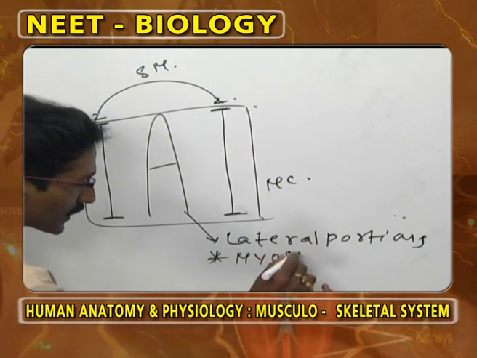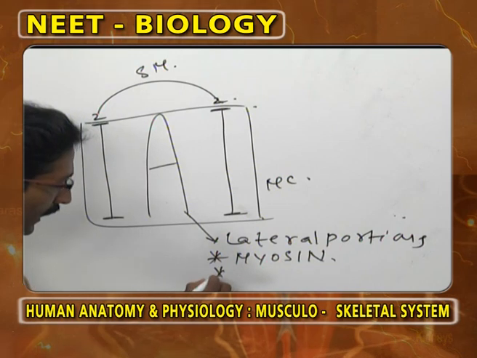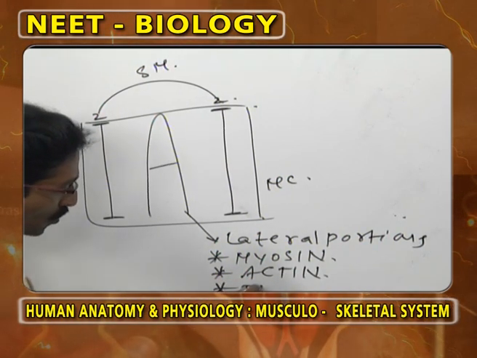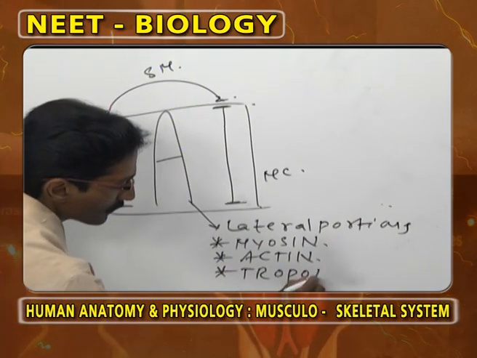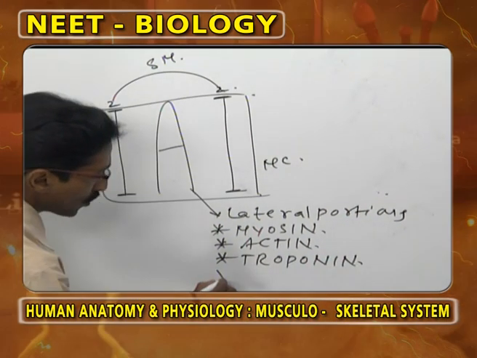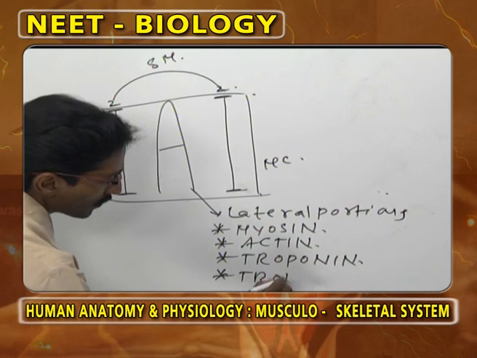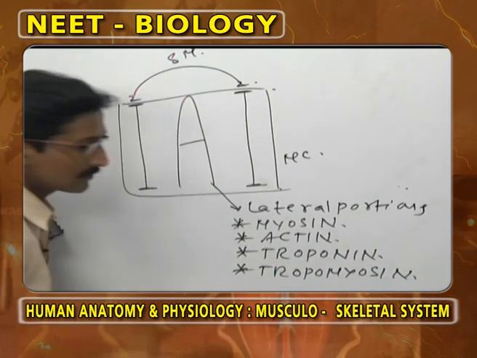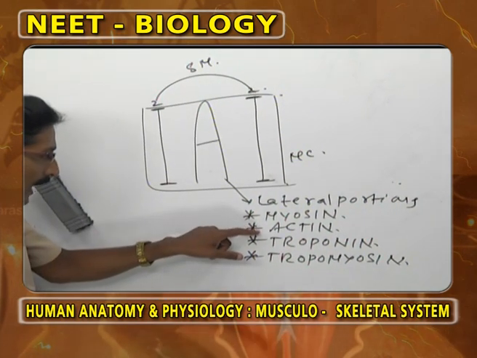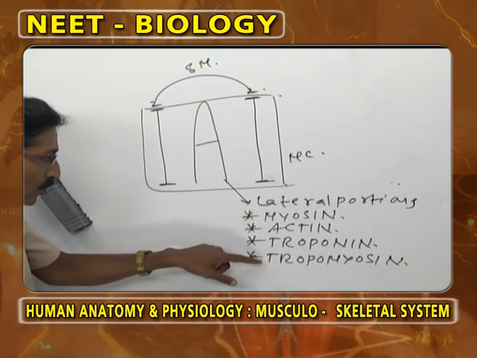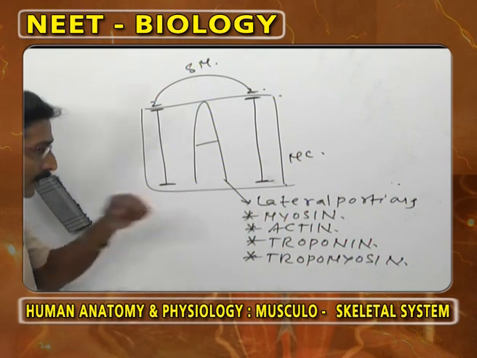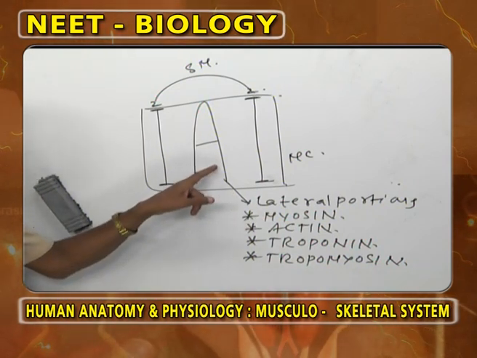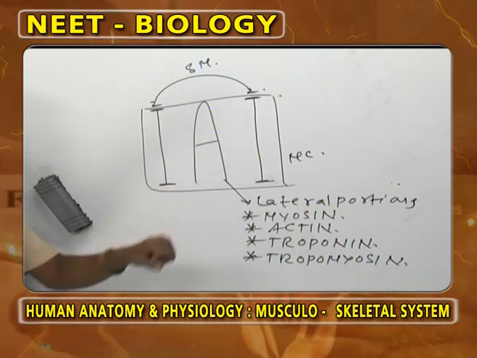The myosin and actin and troponin and tropomyosin. Actin, troponin, tropomyosin and myosin, all these are present in the lateral portions of A band.